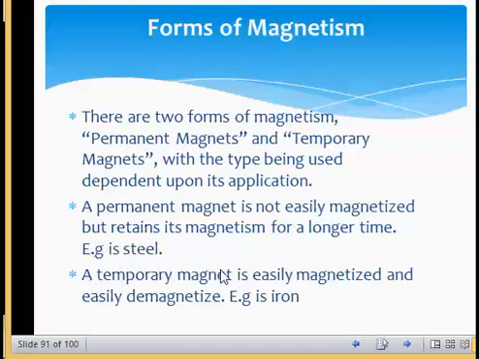Now, a temporary magnet is one that can easily be magnetized and demagnetized. An example is iron. That is why in electricity, especially alternating currents, we use iron as a core for winding coils or transformers, because iron is supposed to get magnetized and demagnetized in response to the changing alternating current, so that it will function very well.